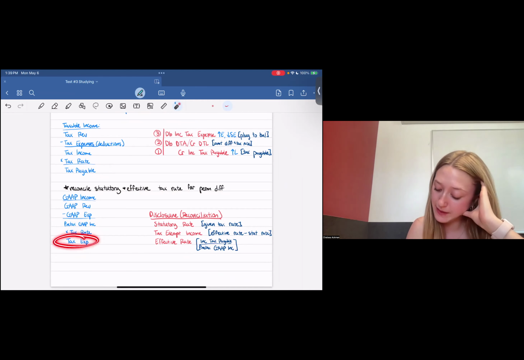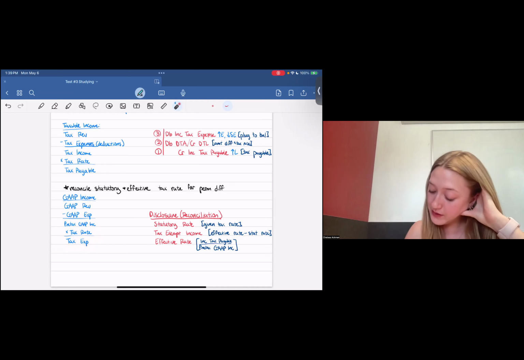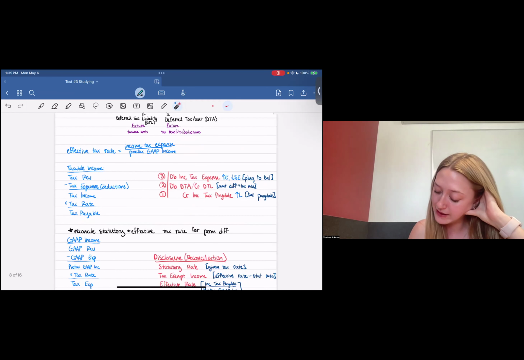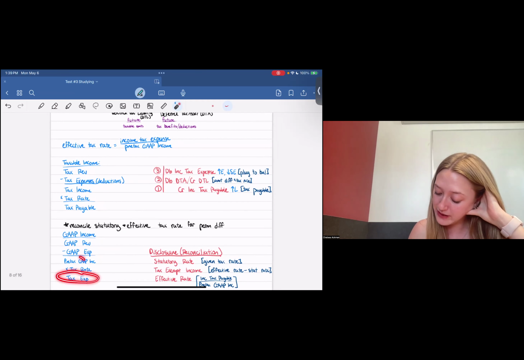So then to disclose for this tax expense, we take the tax rate, the given tax rate is the statutory rate, and find the tax exempt income, which we will find given the effective rate, because again, the effective tax rate is our income tax expense divided by pre-tax GAAP income. So it'll be different than this tax rate.